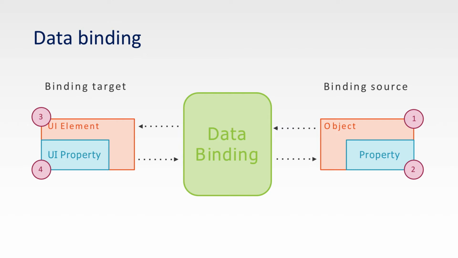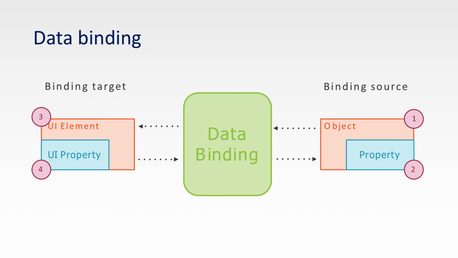This engine comes built in with Xamarin.Forms. Xamarin native, however, doesn't have this feature built in. So if we're talking about Xamarin.iOS or Xamarin.Android, you have to use one of the popular libraries that exist on GitHub.